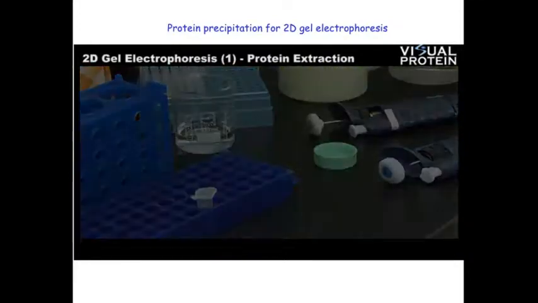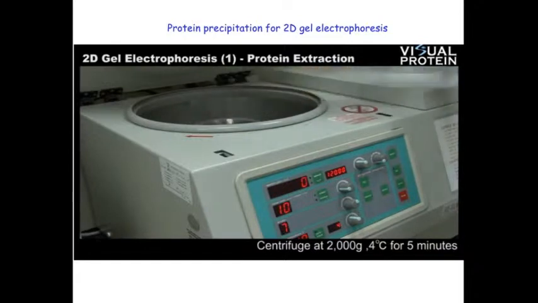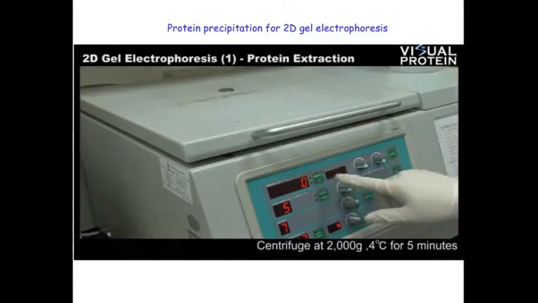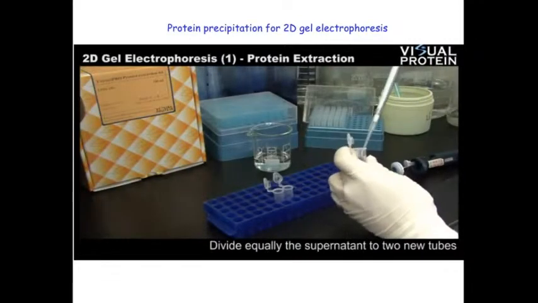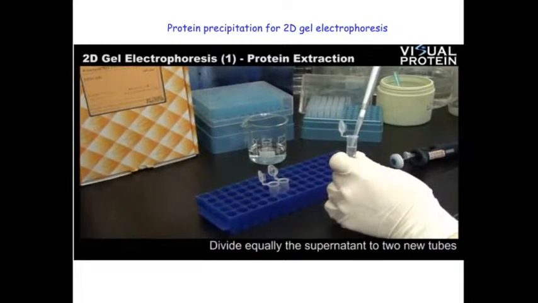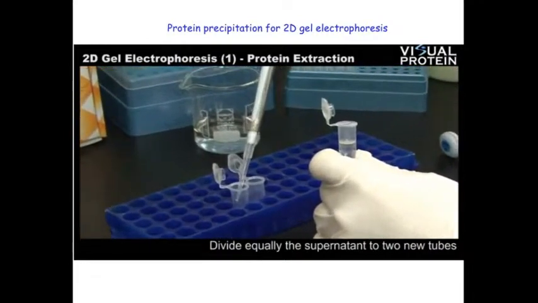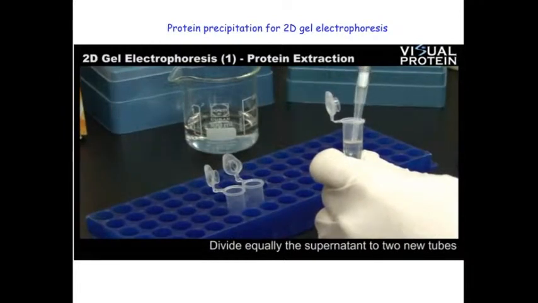Incubate, then centrifuge at 2000 g, 4 degrees Celsius, for 5 minutes, now at a lower g. Then divide the supernatant equally into two new tubes.